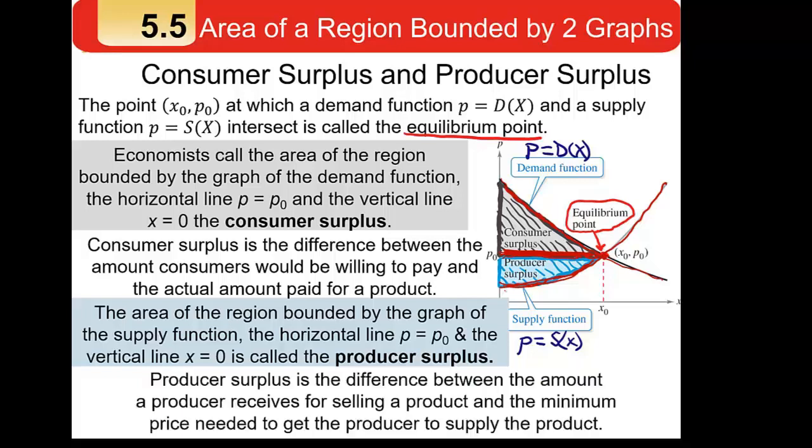And the producer surplus is just the difference between the amount a producer receives for selling a product and the minimum price needed to get the producer to supply the product. Again, not going to go into the details of the meaningfulness in terms of economics for all this. I'll leave that to your economics course, but simply how to do those calculations. And that's how we're going to end this lesson, is to do the calculations on an example.